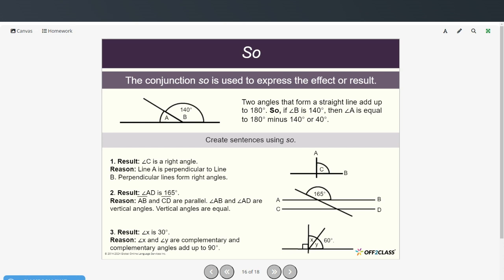Okay, so here we would have angle C is a right angle, so line A is perpendicular to line B because perpendicular lines form right angles.